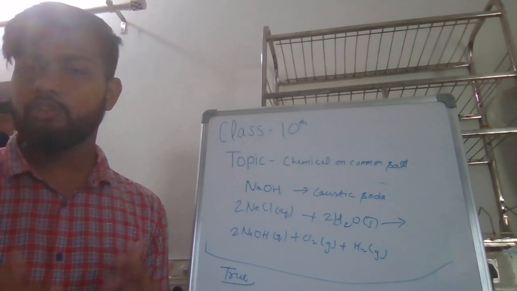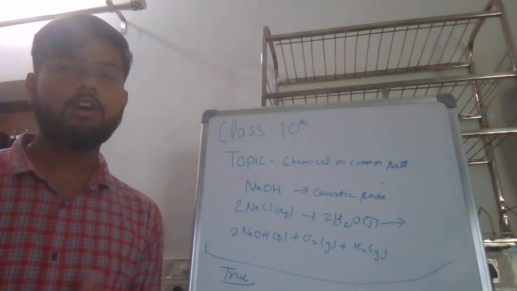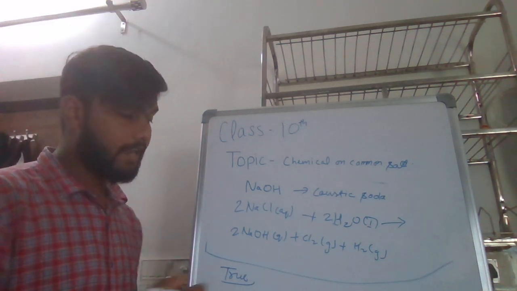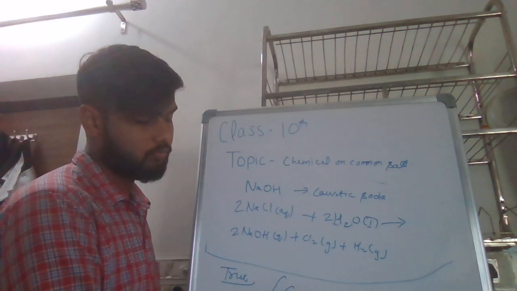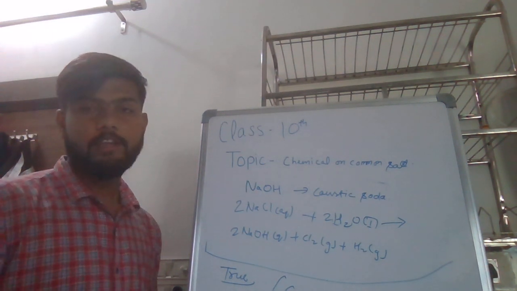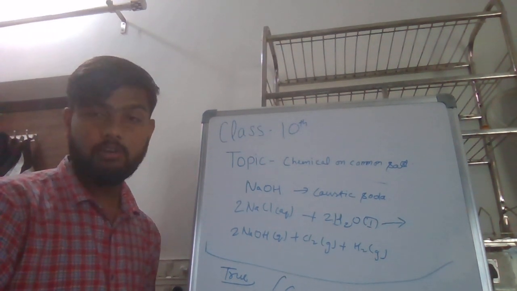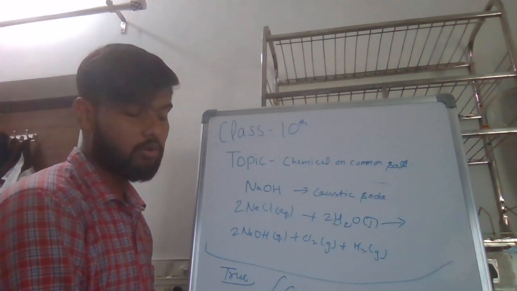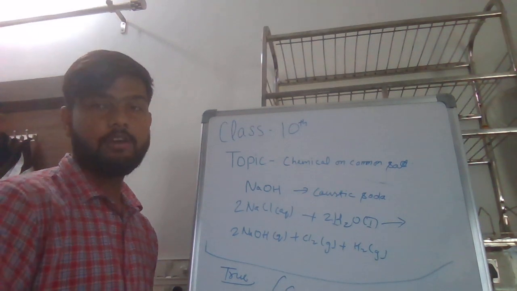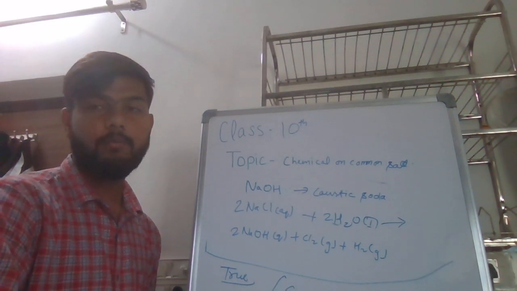Bleaching powder is produced by the action of chlorine on dry slaked lime, Ca(OH)2. The chemical formula of bleaching powder is CaOCl2, and this will be the equation. And for preparation we can perform an activity.